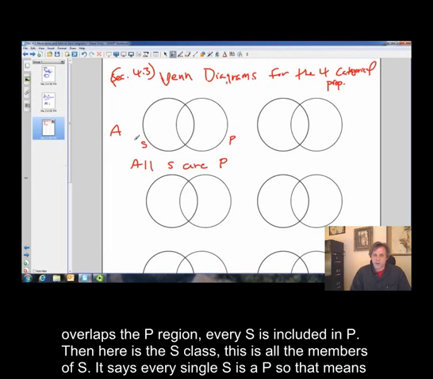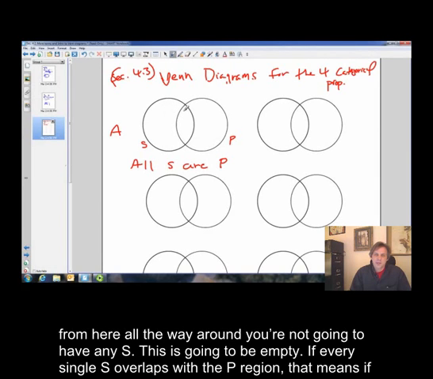This is all the members of S. It says every single S is a P, so that means from here all the way around, you're not going to have any S. This is going to be empty.